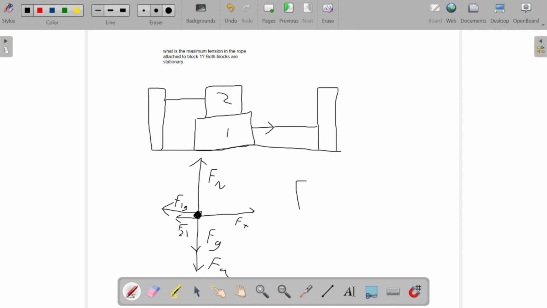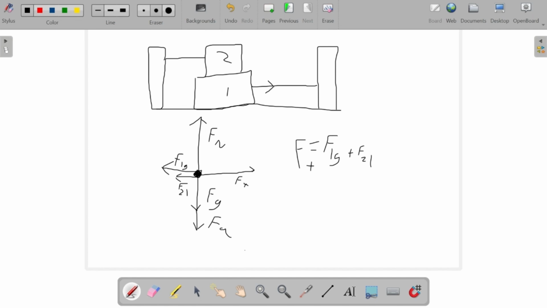And what we know is that since it's balanced, Ft equals F1g plus F21. So what we're going to do is plug in values for F1g and F21. And remember, since they're not moving, it has to be static friction that they experience.